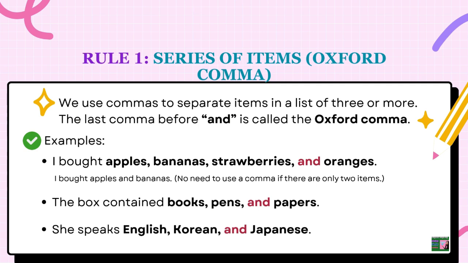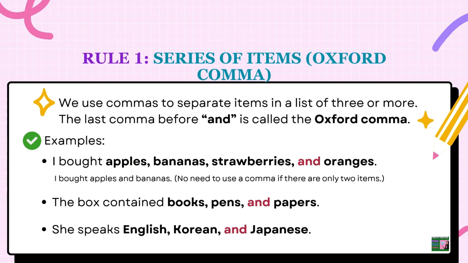Next, the box contained books, pens, and papers. Here, the list has three items: books, pens, and papers. That's why we use commas to separate each item in the list. Next, she speaks English, Korean, and Japanese.